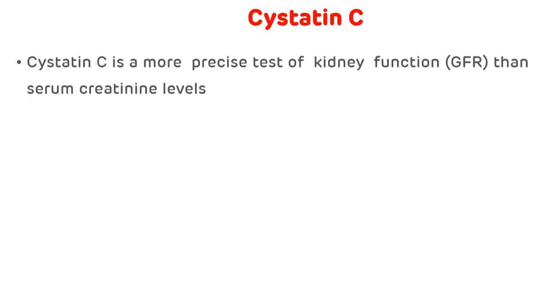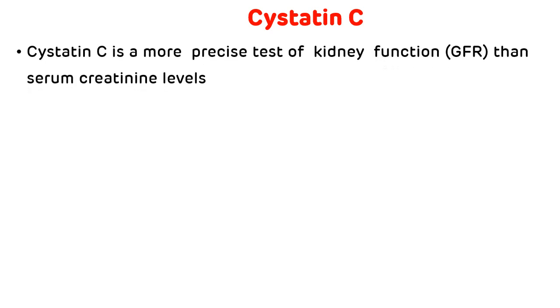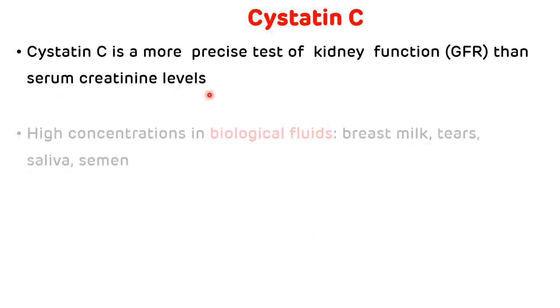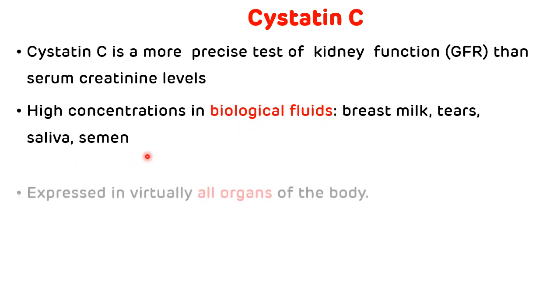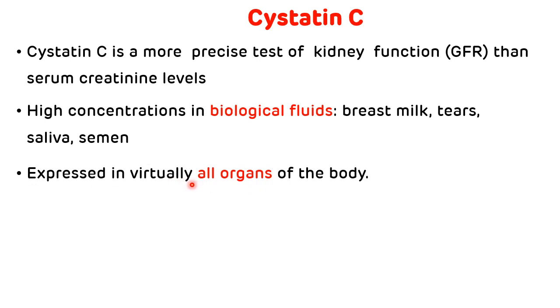Now, cystatin C. Cystatin C is a more precise test for kidney function than serum creatinine levels. It is found in high concentration in biological fluids like breast milk, tears, saliva, and semen. It is expressed in virtually all organs of the body.